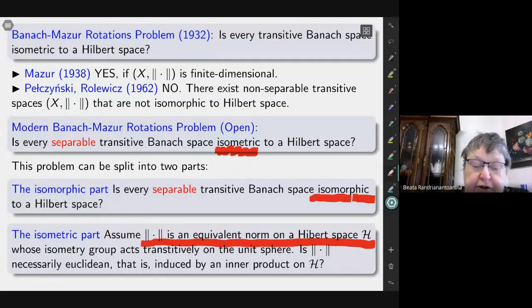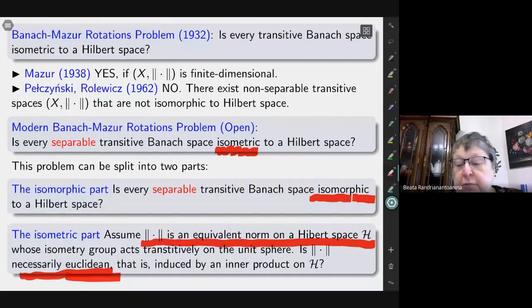We renorm Hilbert space in such a way that it is transitive. Does it mean that we obtained the original norm, the Euclidean norm? Or can we produce a second different norm on Hilbert space, which is also transitive?